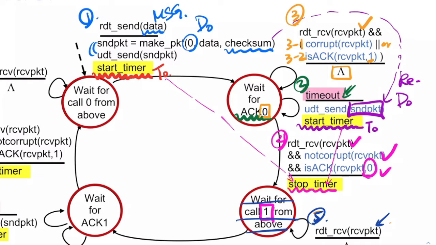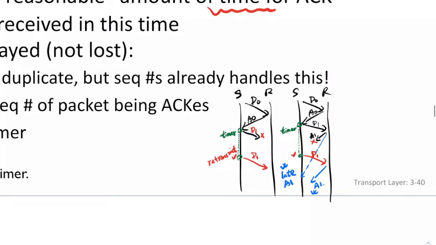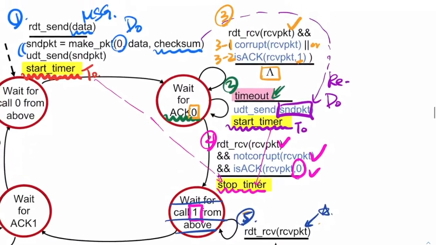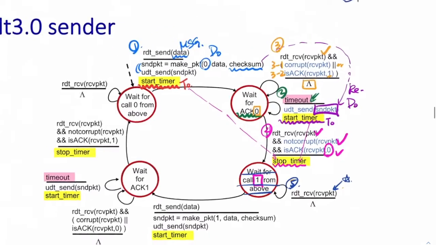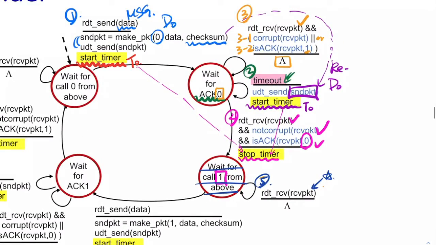But sometimes we will receive an acknowledged packet from the receiver, for example, right here, because of the late ACK and such kind of duplicate ACK. Sometimes we will receive a packet at this moment, but we simply ignore these things because we have already received the correct ACK once.